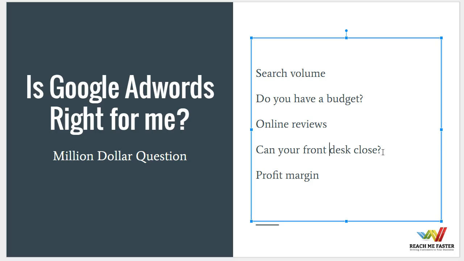So both ways, you need to make sure that you are ready, that your website or landing page is good for conversion, and that your front desk can close, because unless you can close, it doesn't make any sense to advertise. So you must make sure that your house is in order before spending 1,000, 2,000, 3,000 on AdWords.